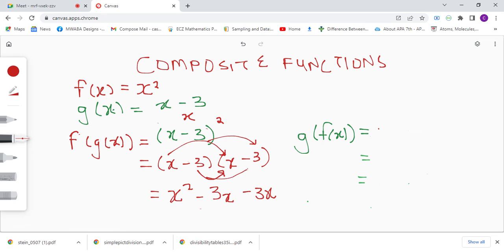Negative 3 times negative 3, we get positive 9. So we're going to get x squared minus 6x plus 9. That is our composite function. x squared minus 6x plus 9.